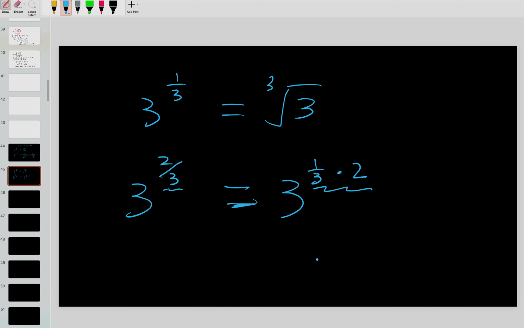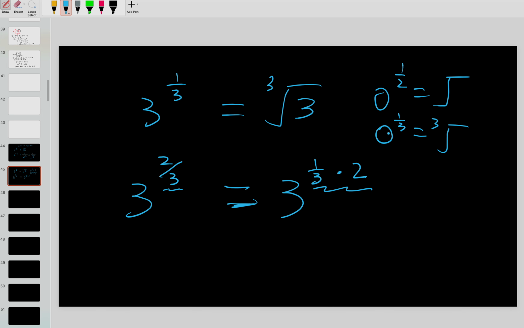Yep. So you split, because we only know the power half. Power half is square root. Power 1/3 is cube root. So we always need to make use of either the 1/3 or the half. So in this case, for 2/3 we can use 1/3.